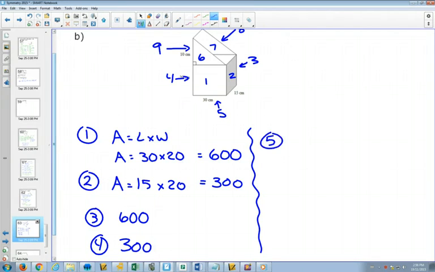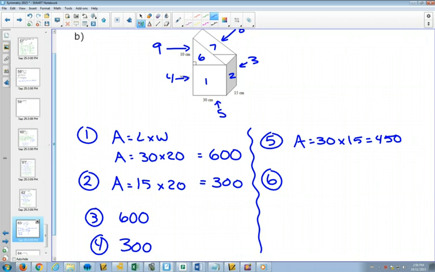Shape 5 is the bottom. Area is going to be length times width. 30 times 15, 450. Shape 6, what shape is that? Triangle.